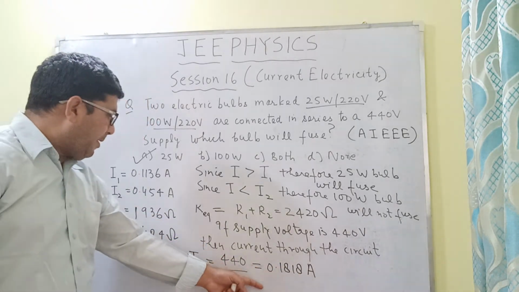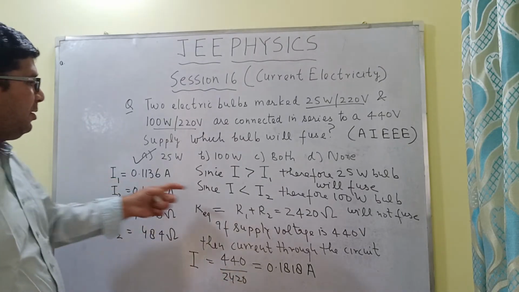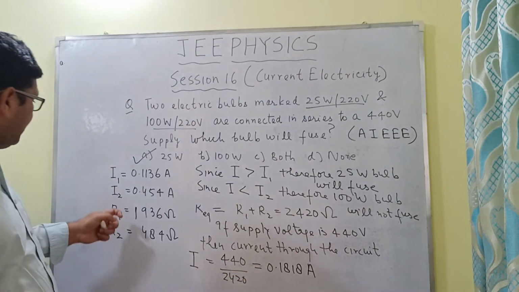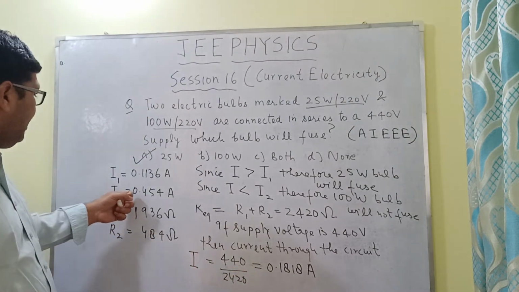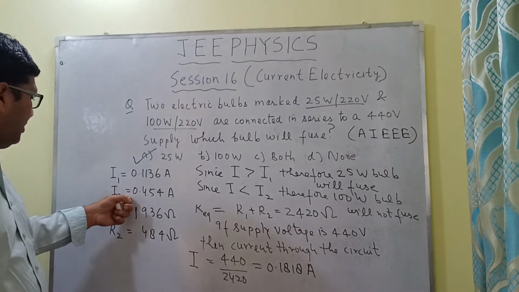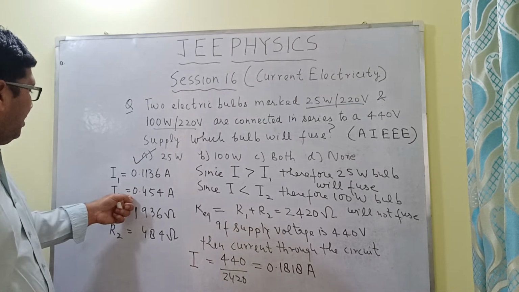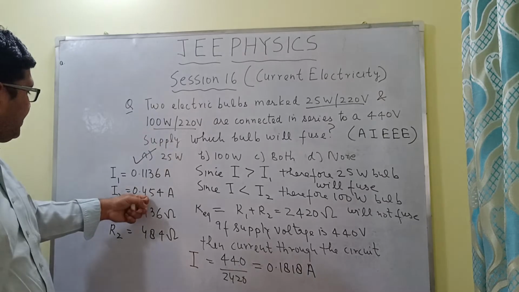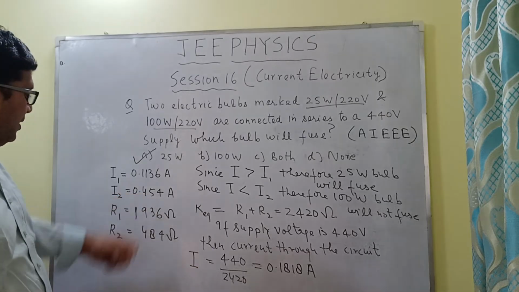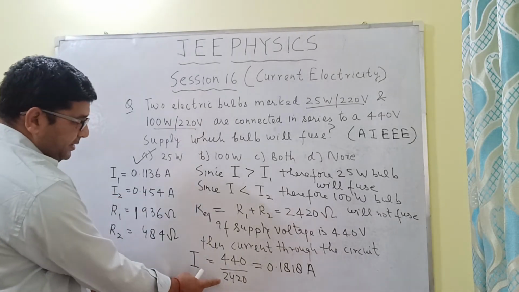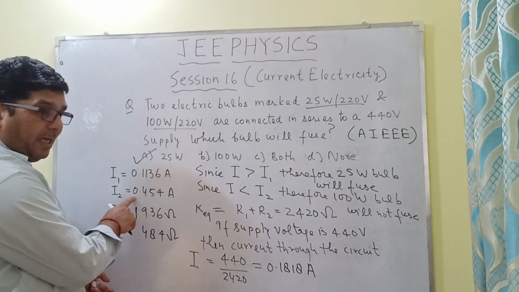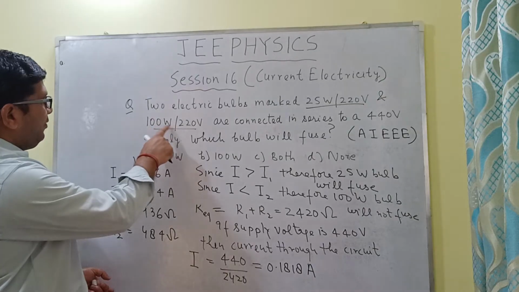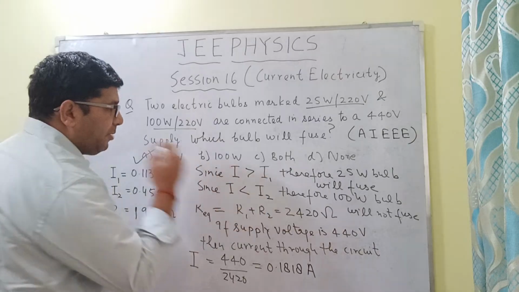Since this current is more than I1, therefore this 25 watt bulb will fuse, and since this current I is less than this I2, that is the maximum allowable current through this 100 watt bulb, therefore this 100 watt bulb will not fuse.